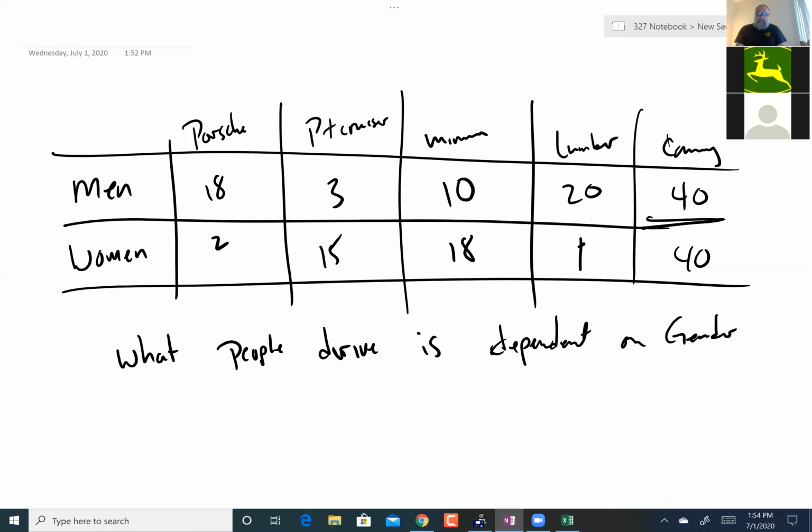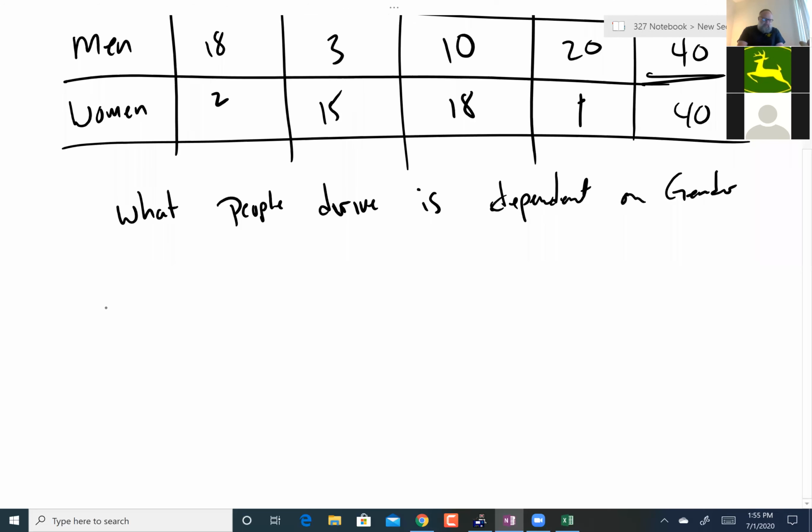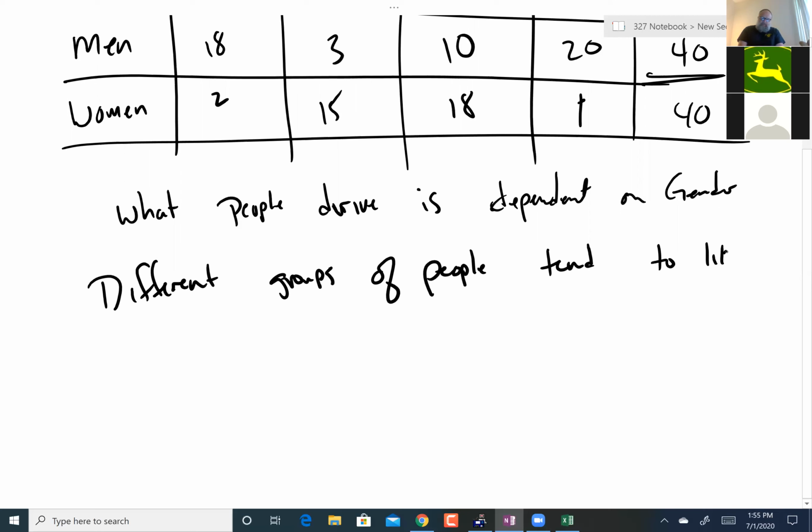And he went and bought a new one a couple of years ago. And I'm like, what are you doing? You're in your 70s. Oh, I love this thing. It's great. Whatever. But based on age groups, different people like different things. This is the whole idea, that different groups of people tend to like or favor different things.